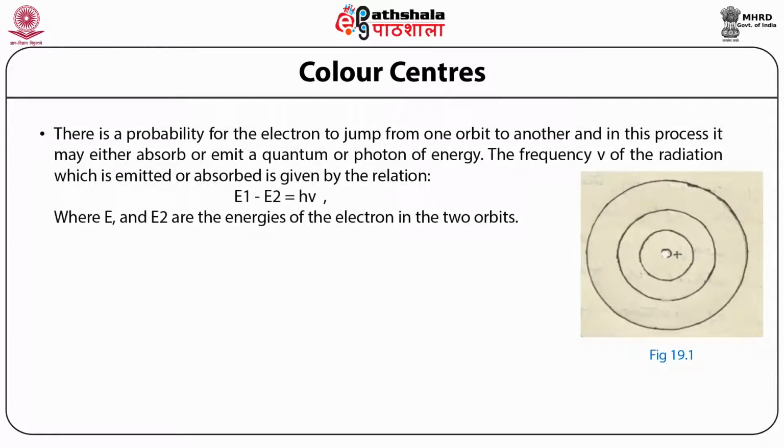There is a probability for the electron to jump from one orbit to another, and in this process it may either absorb or emit a quantum or photon of energy. The frequency nu of the radiation which is emitted or absorbed is given by the relation E1 minus E2 equals h nu, where E1 and E2 are the energies of the electrons in the two orbits.